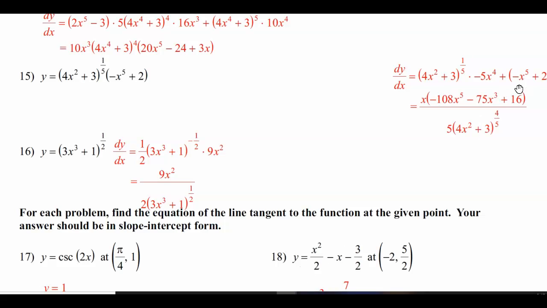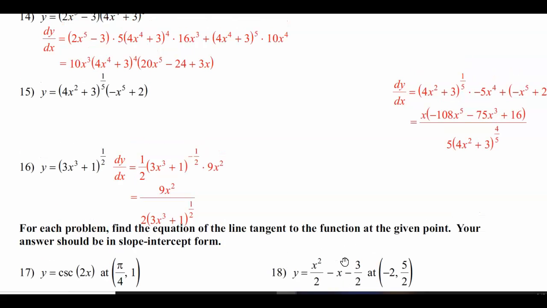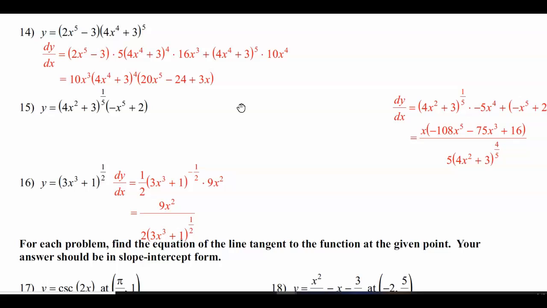Okay, I don't know why 15 goes way over there. For which one? I don't know, my answers are just coming out very different. For 14.